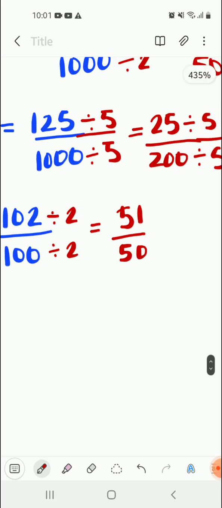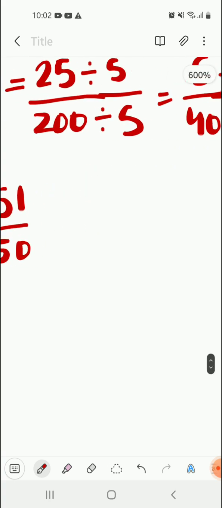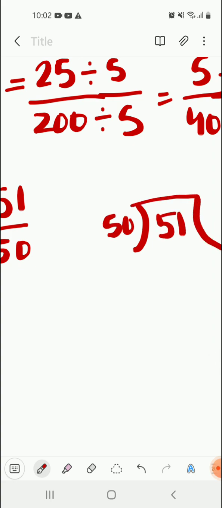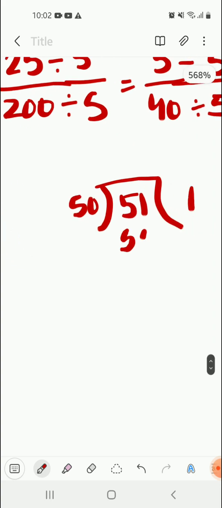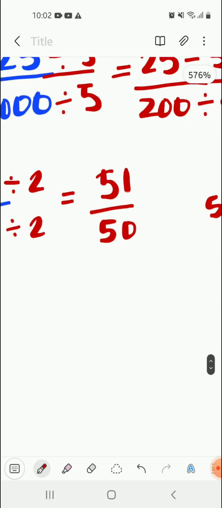Now it is possible for us to divide the number further in order to convert it into a mixed fraction, since it's given in improper form. So 51 divided by 50, we get 1 and the remainder is 1. So we can write this as 1 and 1 by 50.